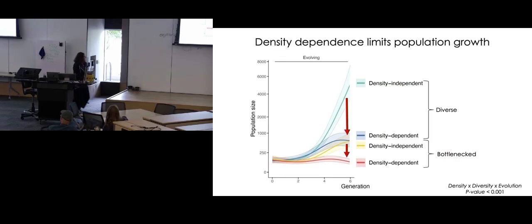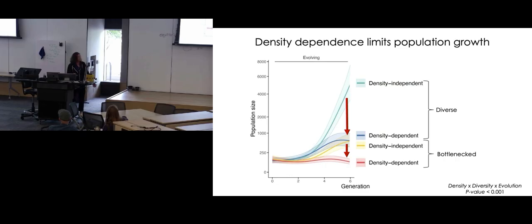And then density dependence also really strongly limits population growth from the density independent to the density dependent in both the diverse and bottlenecked groups by different amounts, but still strong limitation for both of those. And that also makes perfectly good biological sense, right? With more space, with more habitat and less negative density dependence and competition, cannibalism that's going on, the populations are able to grow in size.